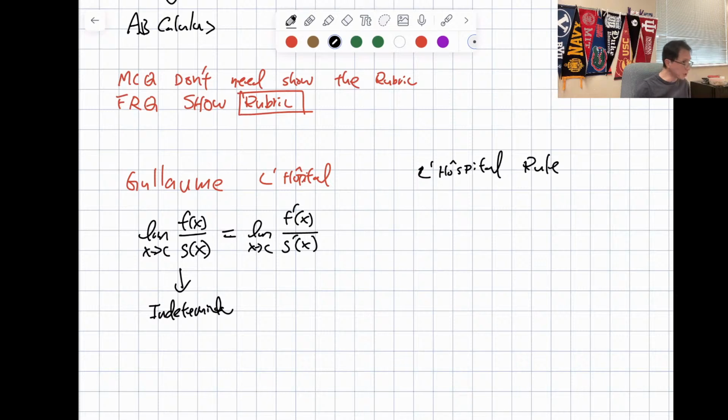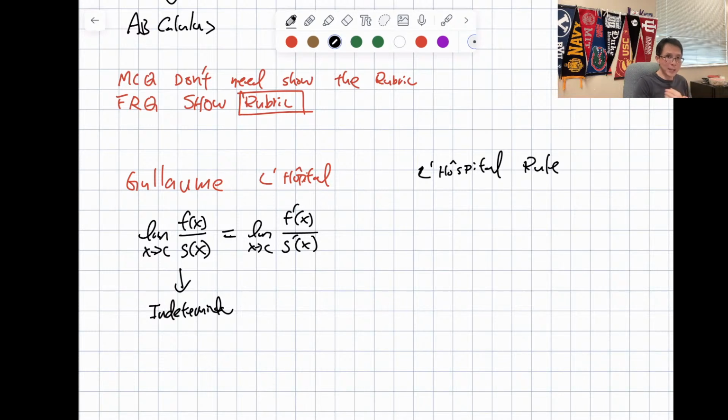That means you can take the derivative of the numerator and the derivative of the denominator. It's not the quotient rule. Don't get confused with the quotient rule. The quotient rule is low d high minus high d low, over low low. But here it just asks you to take the derivative of the numerator as it is, which is much easier, and then take the derivative of the denominator. Then when you reach c, you should get a better evaluation.